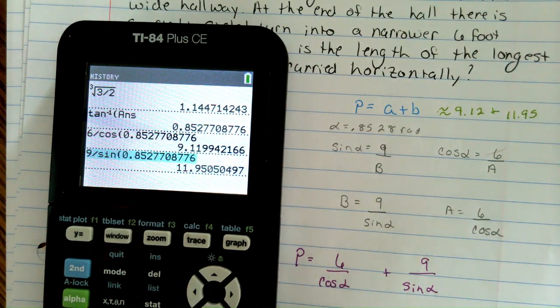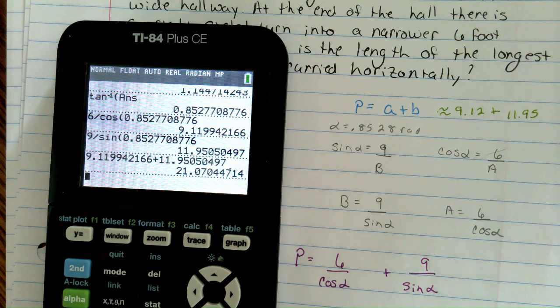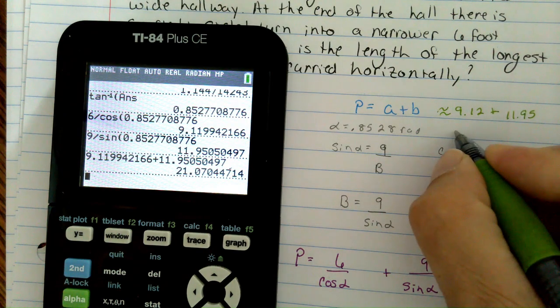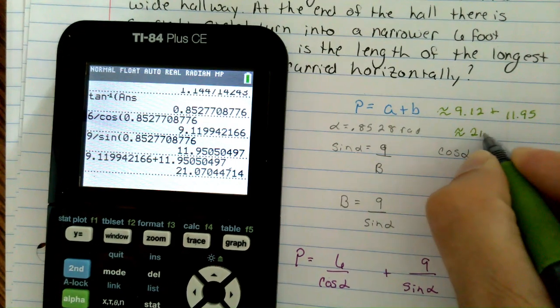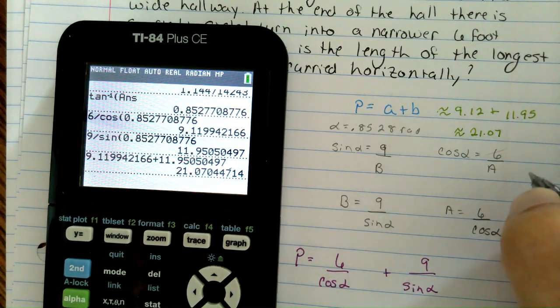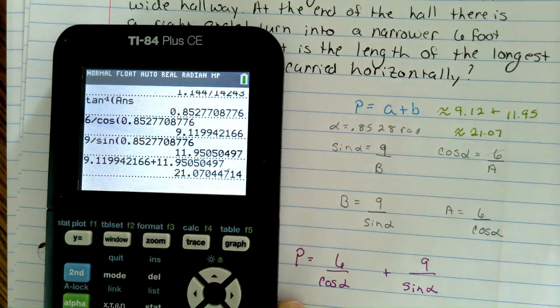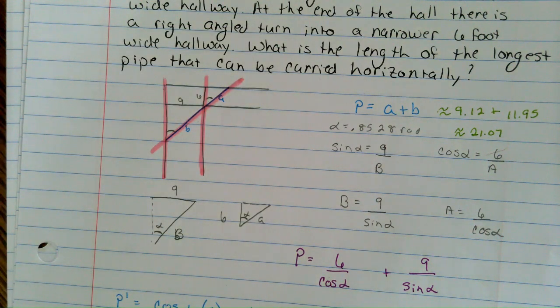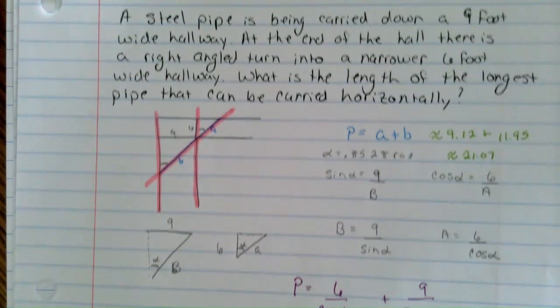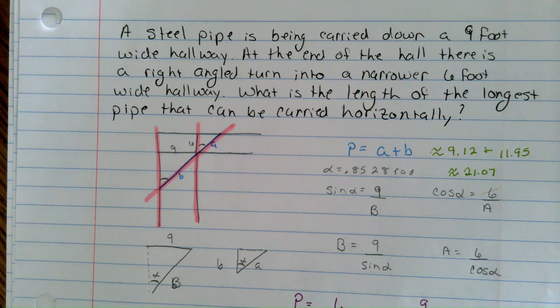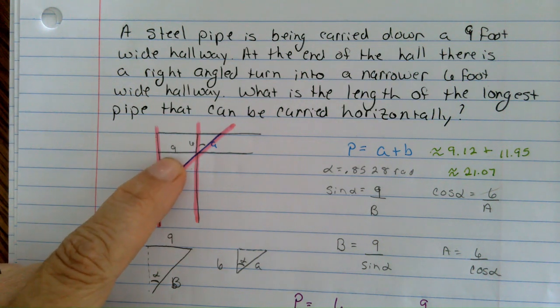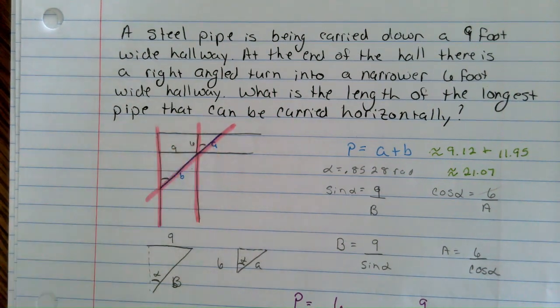So if I were to take this and add this, my total approximate length would be 21.07. Okay. So I can do approximately a 21-foot long pipe and be able to make this turn between a 9-foot hallway and a 6-foot hallway.